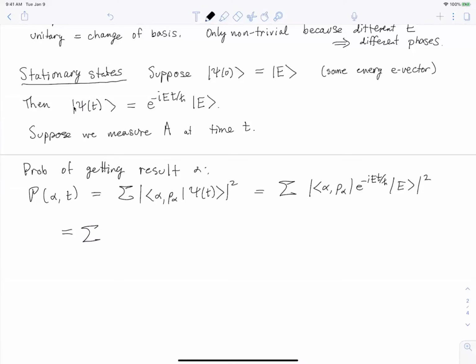And for each alpha fixed, we're summing over all the states labeled by rho sub alpha that have that same alpha. Okay. So getting back to this, e to the minus i E t over h bar is within a complex square. And so I can pull that out and just write it like this.